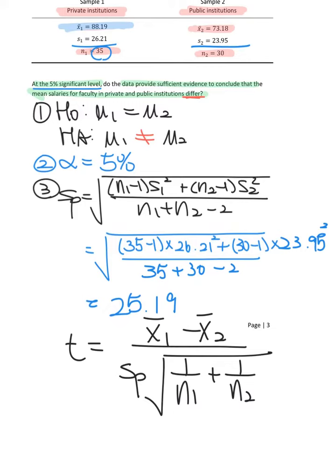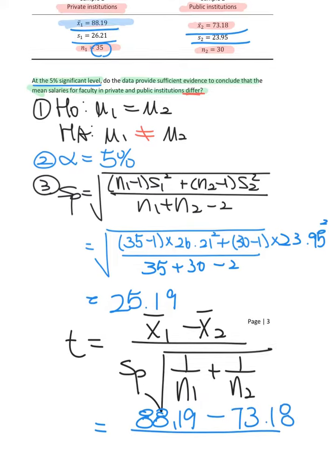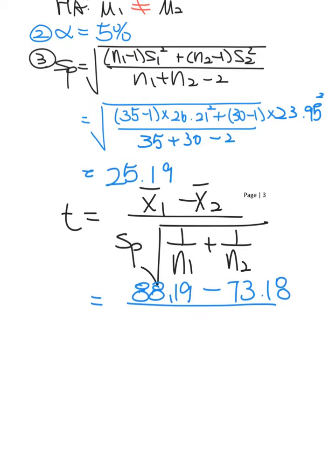So x1 bar is 88.19, x2 bar is 73.18. How much was Sp? Sp was 25.19 times 1 over 35 plus 1 over 30.